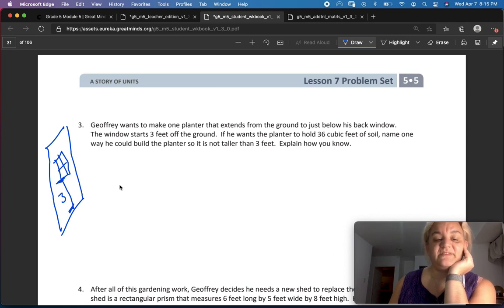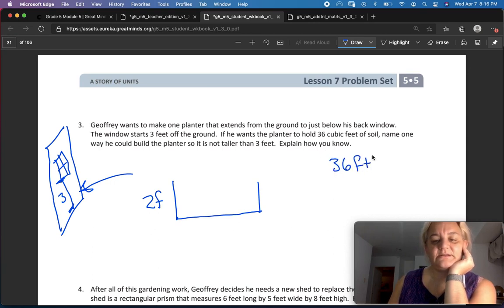So we can make it 2 feet tall. Okay, let's see. So if we want it to go right there, but we don't want it to go past the window, we could make it 2 feet tall. Okay. But how wide is it going to be? He wants it to be 36 feet cubed.